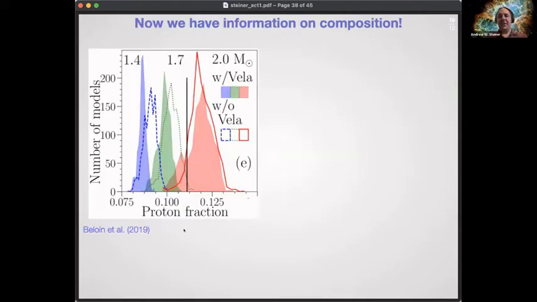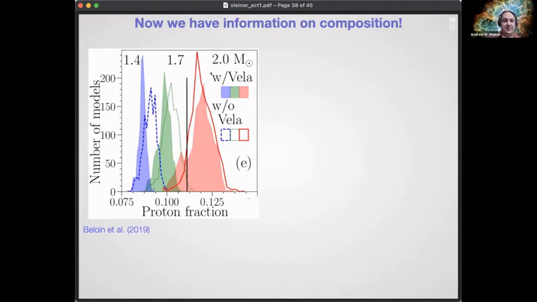What are the results? The cool thing about doing this is now we have information on the composition of the neutron star and not just the equation of state. This is the proton fraction on the x-axis, the probability on the y-axis. There are some complications with the Vela pulsar, which we can talk about later, but they don't make a big difference for the particular thing that I'm going to talk about today, which is this proton fraction.